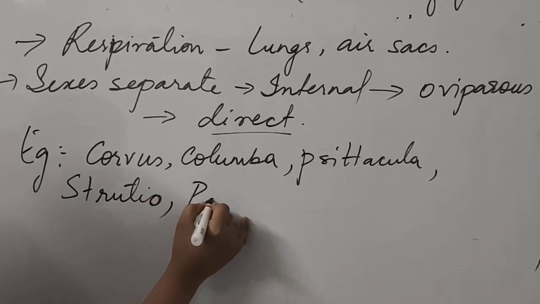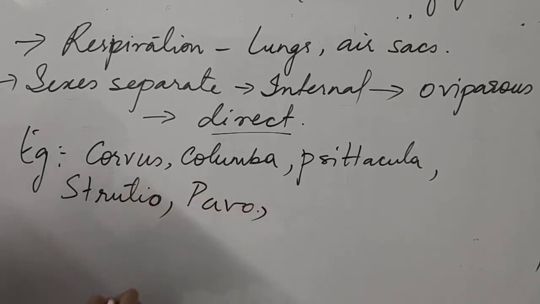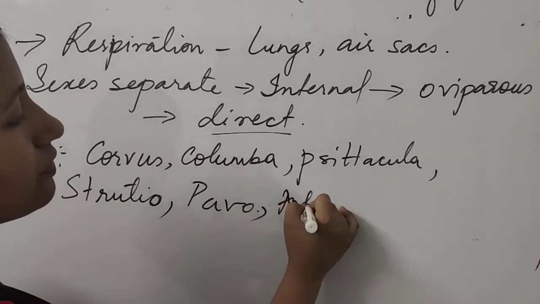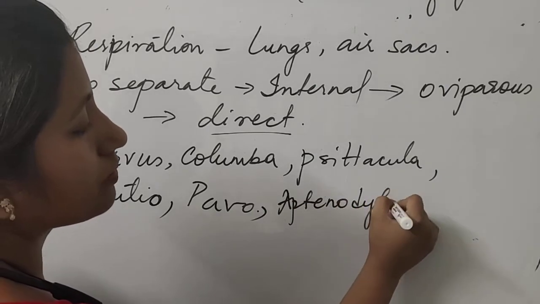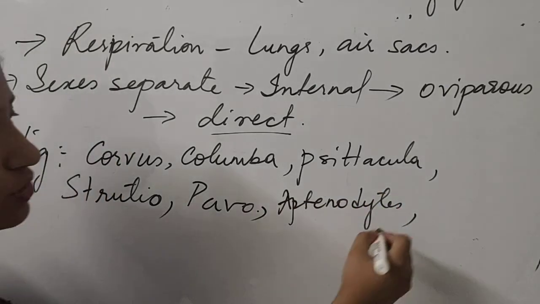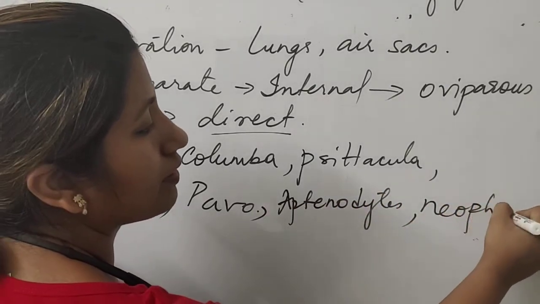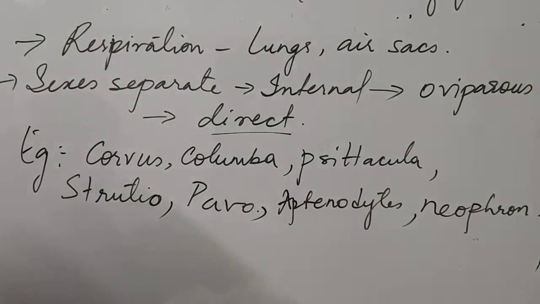Pavo is peacock, and Aptenodytes is penguin, and Neophron is vulture.